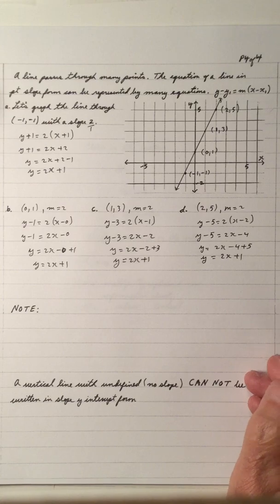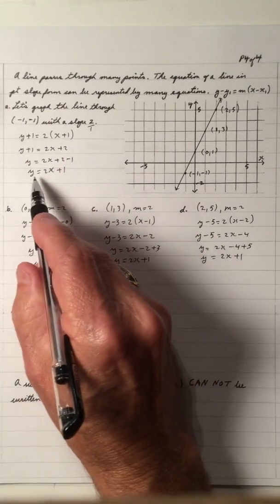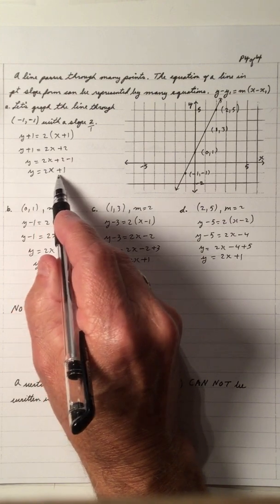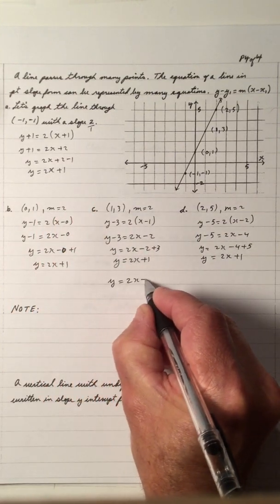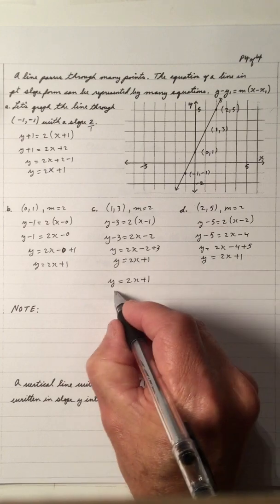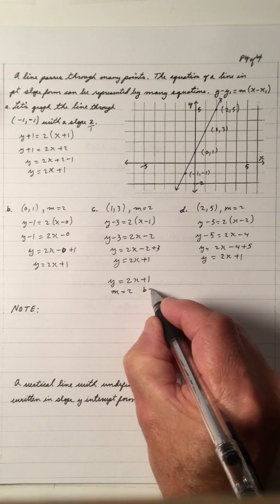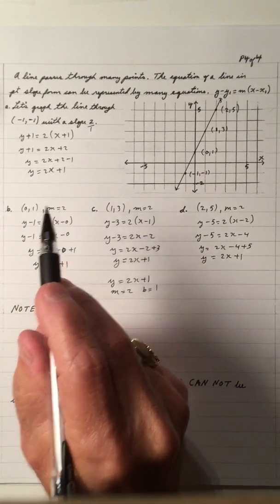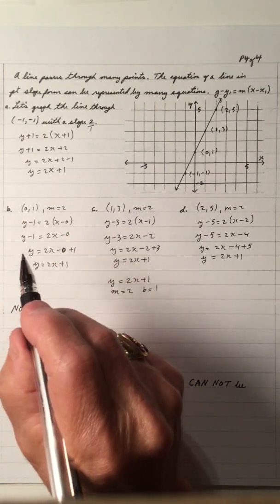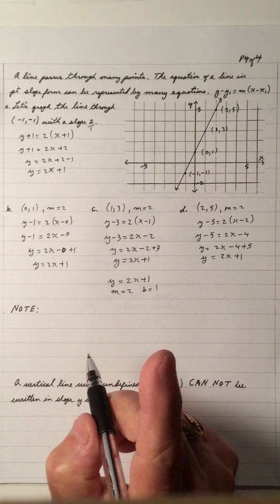If you notice, 4 different point slope forms, but every one of them works out to be what? Y equals 2x plus 1, where the slope is 2 and the y-intercept is 1. So all of these equations in the point slope form work out to only one slope y-intercept form.